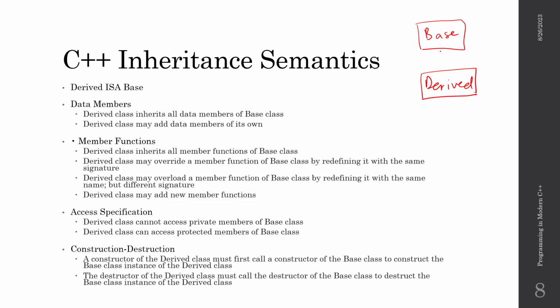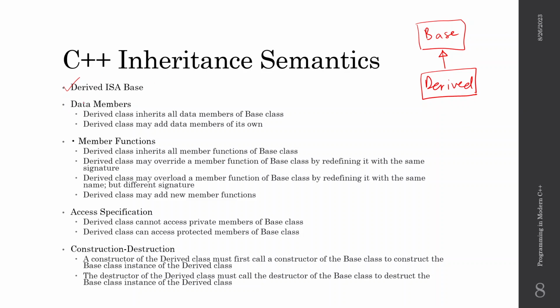Okay, and the derived class is a specialization of the base class. So firstly, from the previous slide, we can say that the derived is a base. So basically, derived is a specialization of the base.